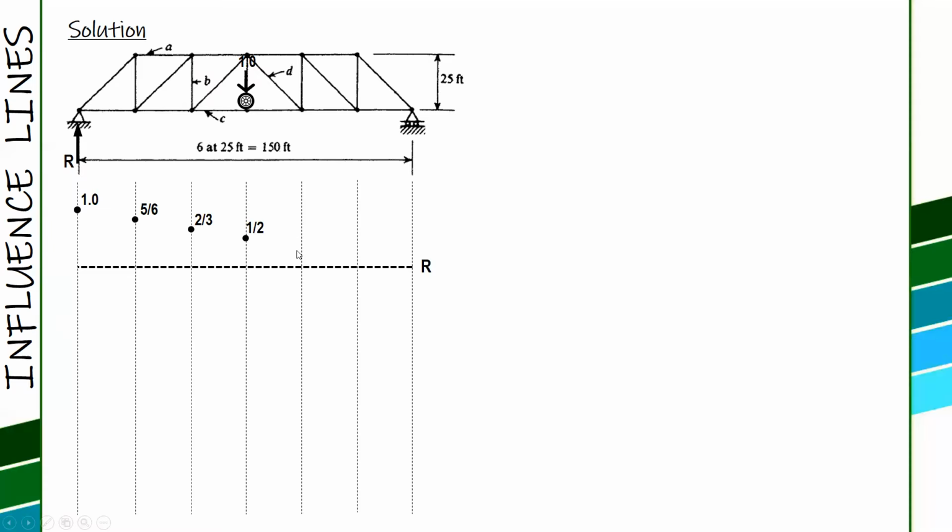That's 1 half or 3 over 6, and then 2 over 6 or 1 third, and then 1 over 6, and then last is 0. So that is the influence line.